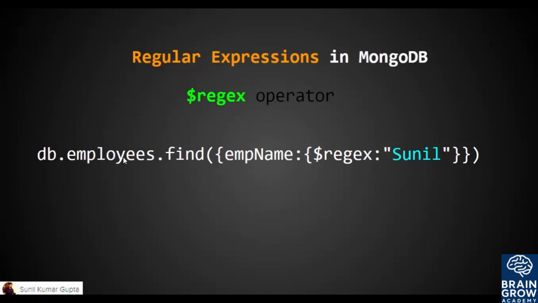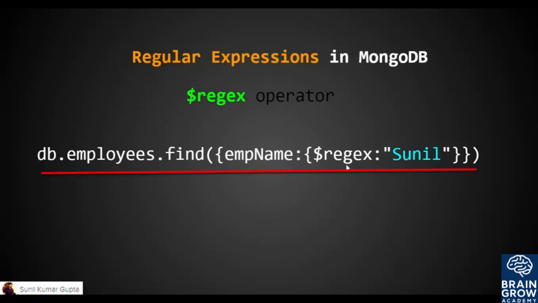We can use db.employee, where employee is the collection name, and find, with which we can search the documents, and then employee colon, and then $regex colon Sunil. It will search all the documents and return the ones having the employee name Sunil. So this is the way we can write a regular expression in MongoDB.